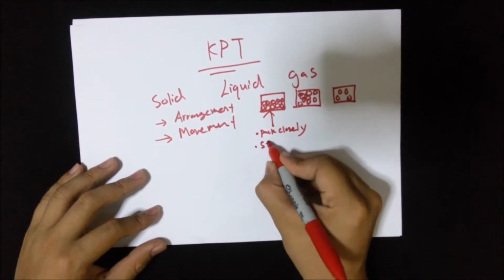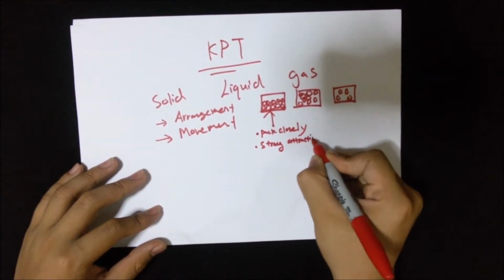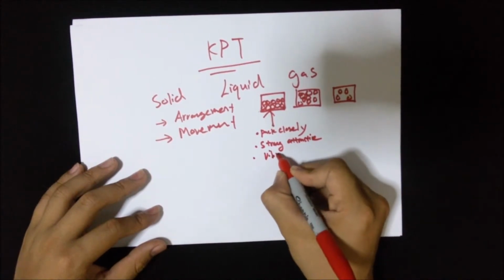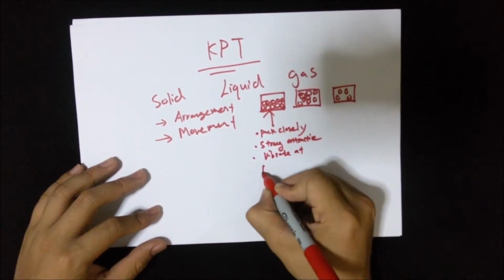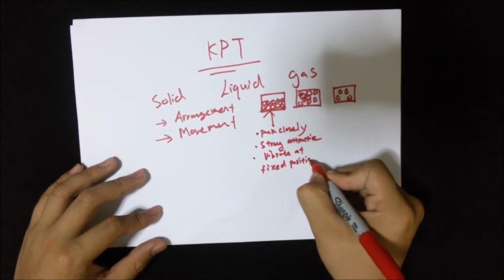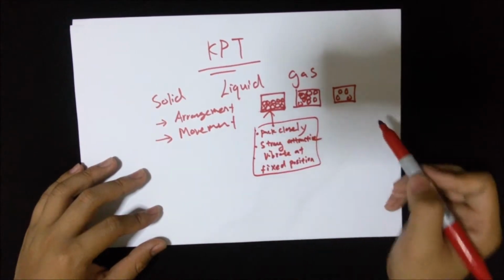As a result, you have a strong attraction force, and as a result of this strong attraction force, it can only vibrate at its fixed position. So these are some of the keywords that you need to see in your answers.